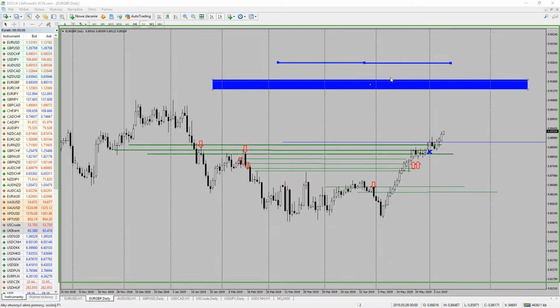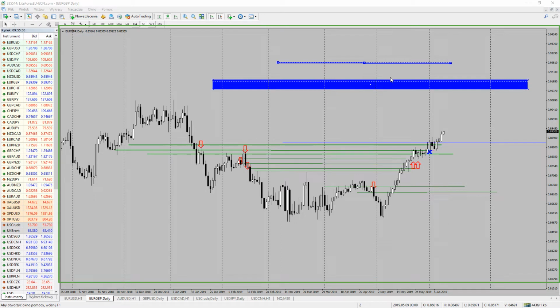Yellow represents intraday, together with dark orange. So for intraday purposes, I'm using both yellow and orange.